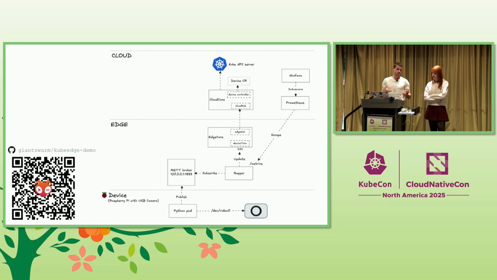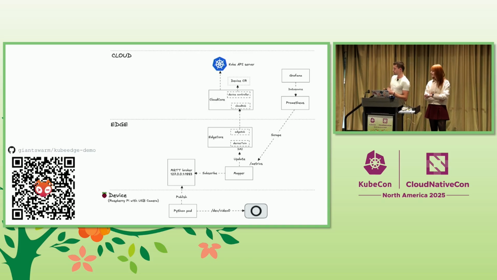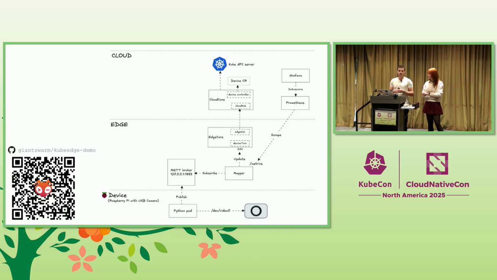This is representing the cloud or on-premise Kubernetes cluster to which we are joining with KubeEdge. In the middle, we have the edge layer with that Raspberry Pi here. It also has the MQTT mapper and the broker. And at the bottom, we have the device. In our case, this would be the combination of the webcam and the Python app.